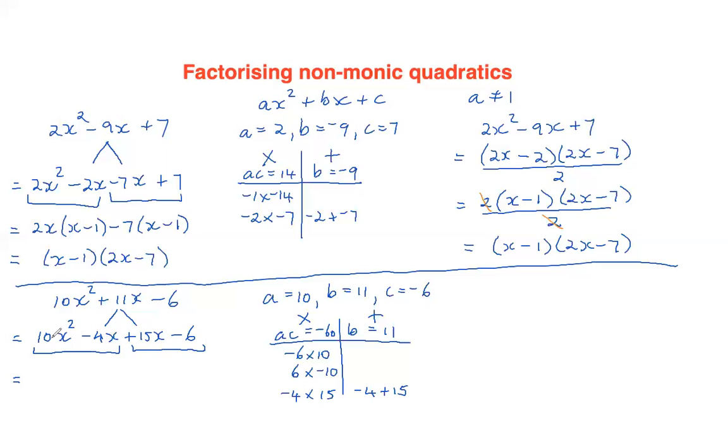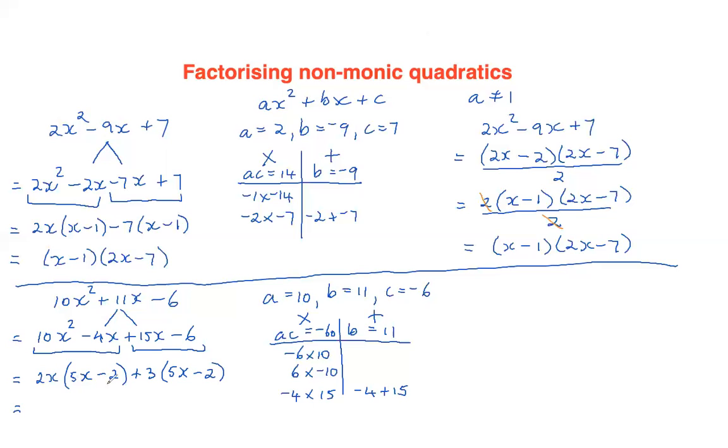So here I've got a common factor of 2x, and that's going to leave me with 5x minus 2 in brackets. Now here I've got a common factor of 3, and that will leave me with 5x minus 2 in brackets as well. Our brackets match, so we know we're on the right track.